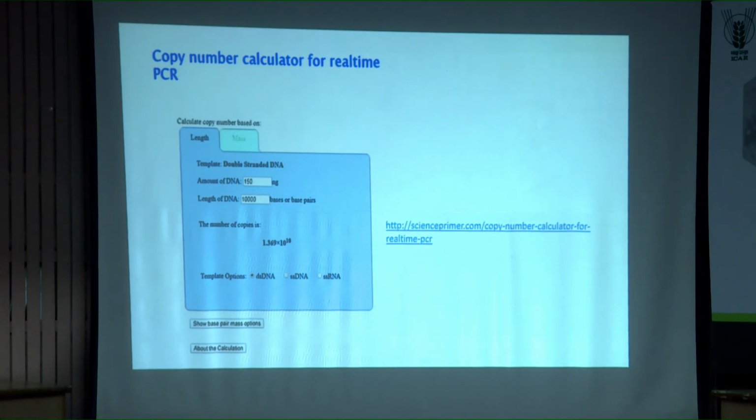There is a link, scienceprimer.com, copy number calculator for relative real-time PCR. You have to give these values here and just click it. The number of copies appears somewhere in the middle. So this is a copy number calculator for real-time PCRs. It's very popular, right?